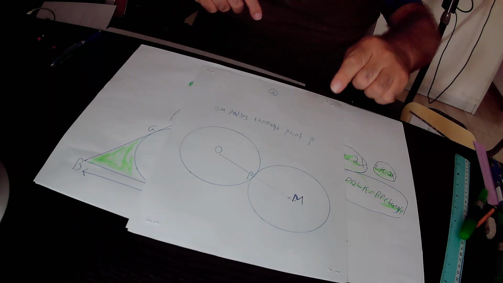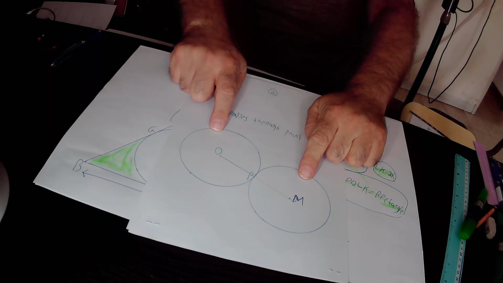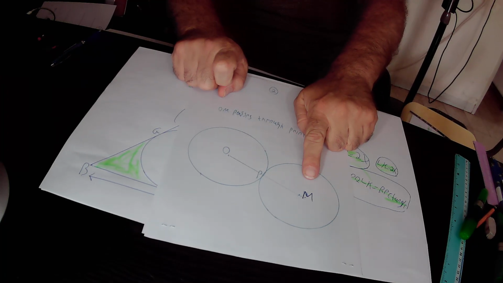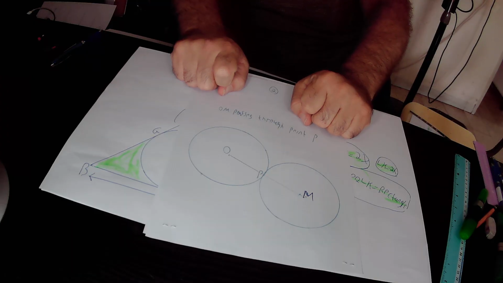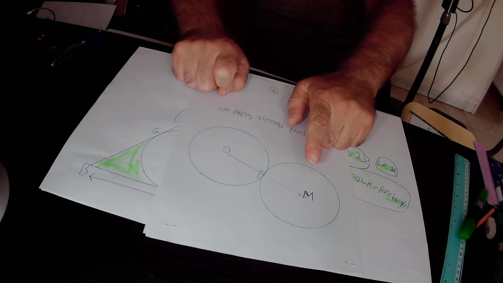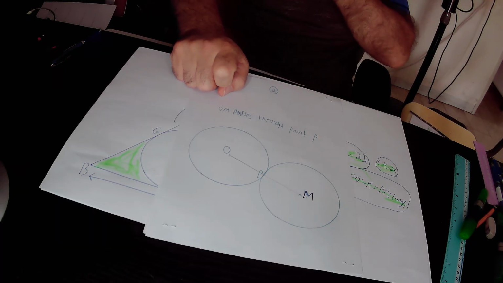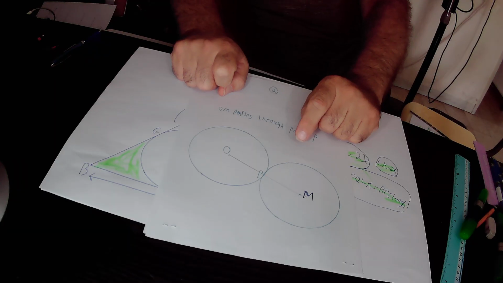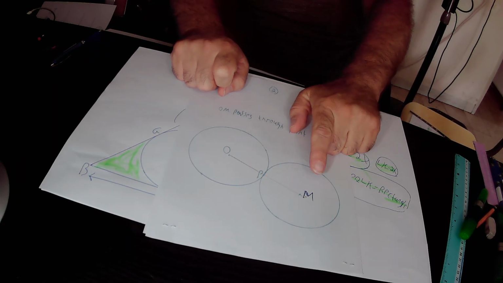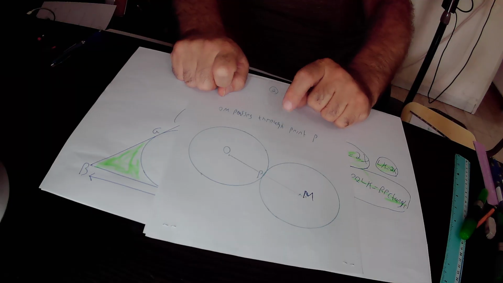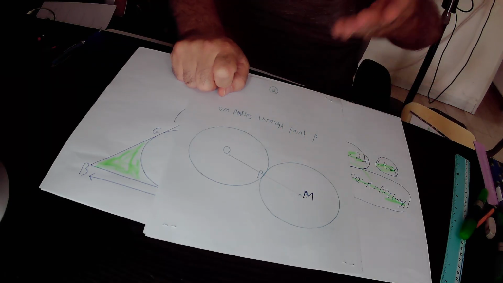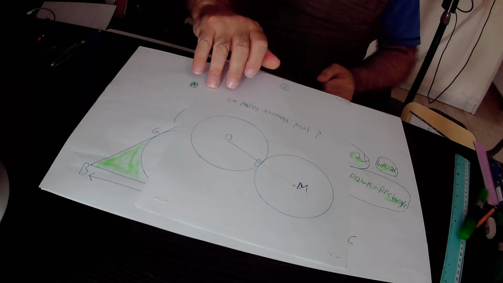So we have those two circles that touch each other at point P. Point O is the center of this circle, point M is the center of this circle. The straight line that connects the centers together is of course the straight line OM. And according to rule 10, the straight line OM must pass through their touching point, that is point P. Or OPM is one straight line, according to rule 10.